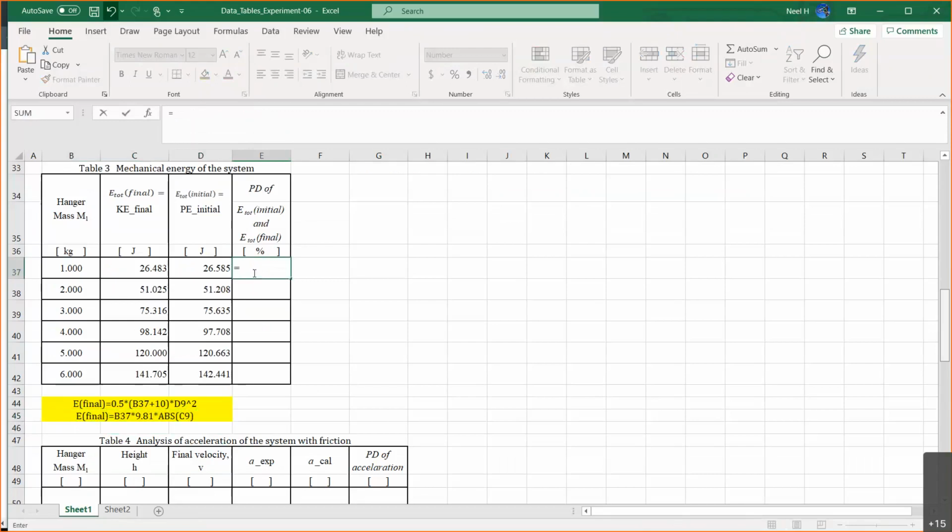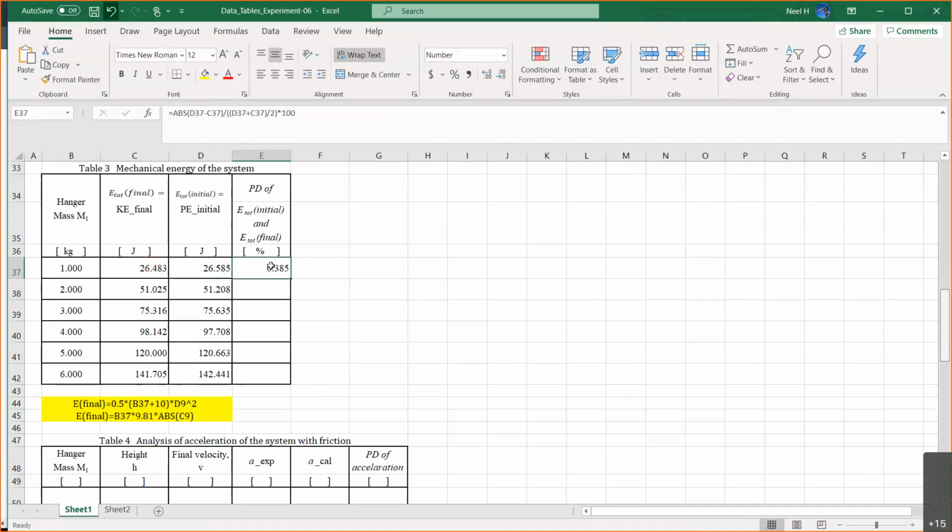Equal sign, ABS, parentheses. This comparison order doesn't matter, but let's compare initial to final, right? Initial minus the final, close brackets, divide by parentheses, initial plus the final, close brackets, divide by 2, close brackets again, multiply by 100.